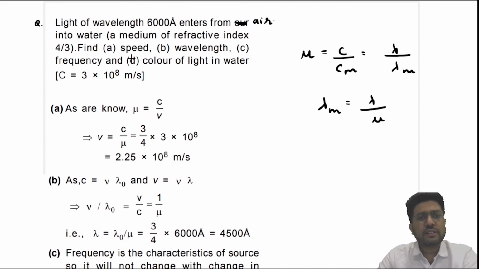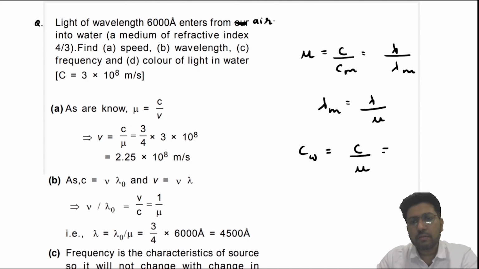So first is find the speed of light in medium, that is speed of light in water. So speed of light in water will be how much? Speed of light in air or vacuum divided by mu. Now mu is 4 by 3, so I will write 3 into 10 raised to the power 8 divided by 4 by 3.